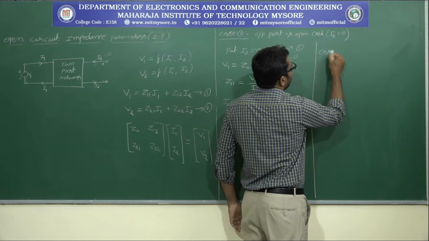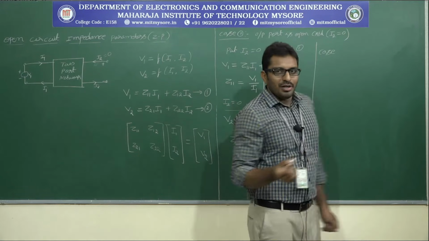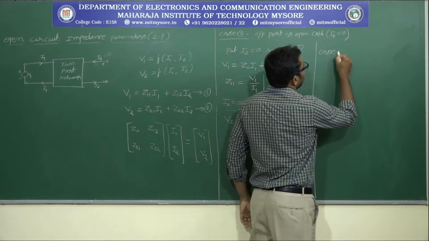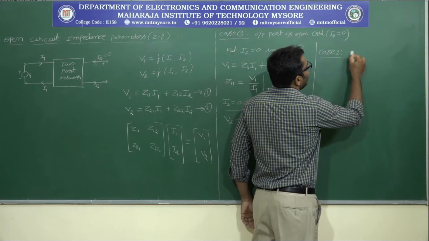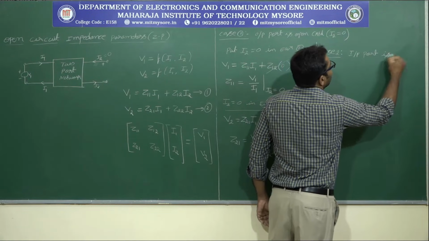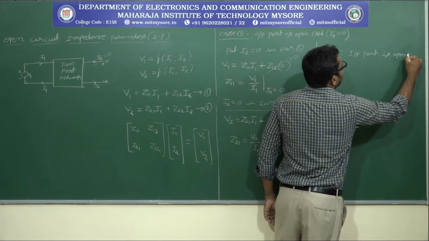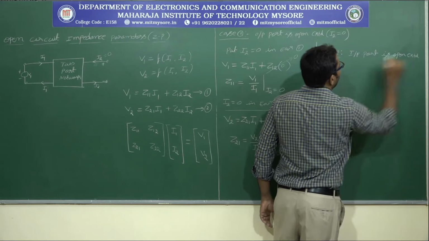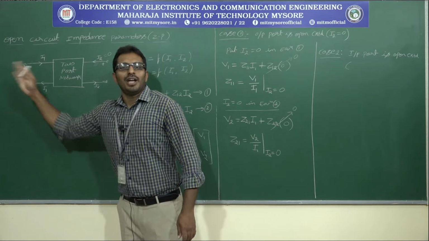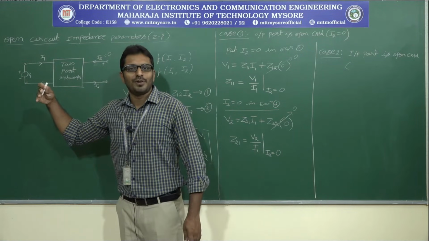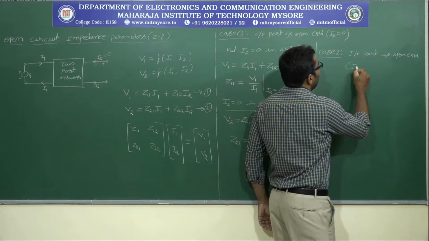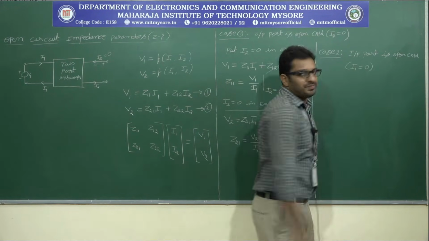Case 2. In order to obtain the other 2 Z parameters, the input port is open circuited. Input port is open circuited means what? Just remove the source. Therefore, I1 becomes 0.